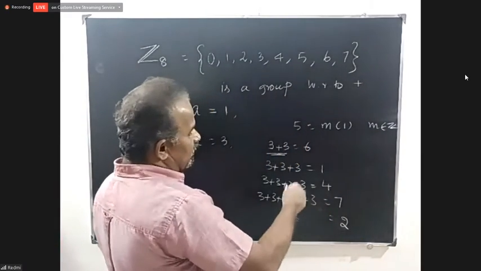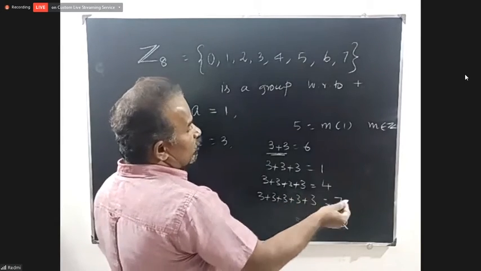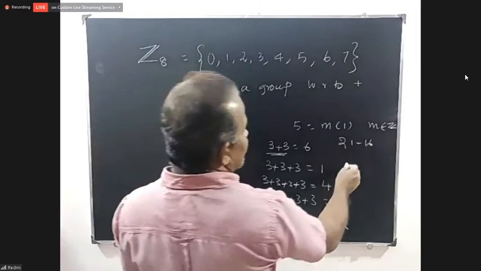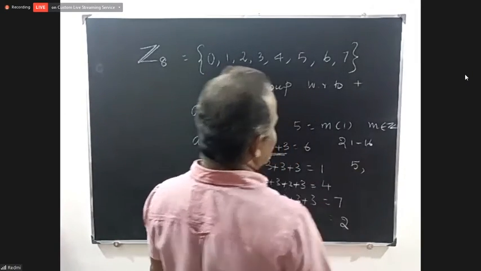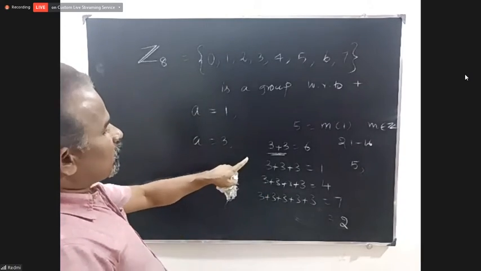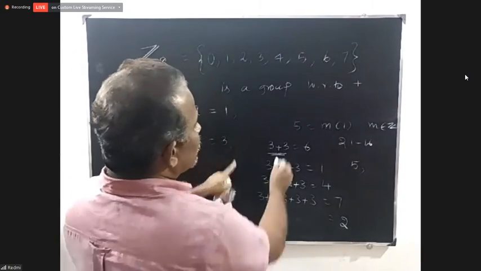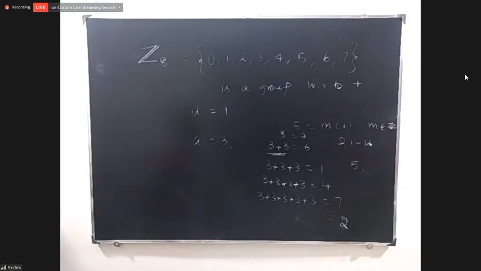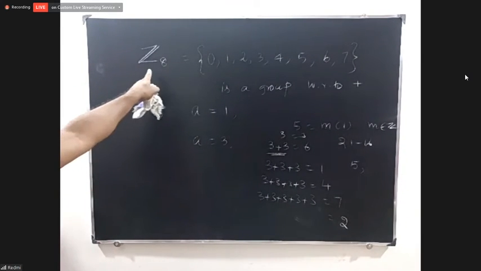Then 21 minus 16, you will be getting 5. So 1, 2, 3, and so on. Continuing up to 7, you will be getting all the elements.